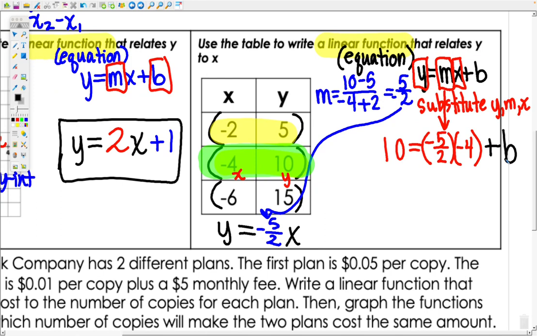If I'm solving for B, then I need to first multiply these right here by each other, and then move it over to where the 10 is, okay? If I multiply the -5/2 times -4, I'm gonna do the math in my head, I'm gonna get 10.